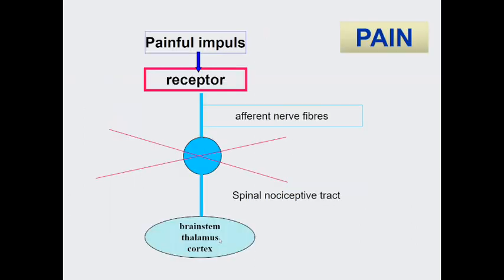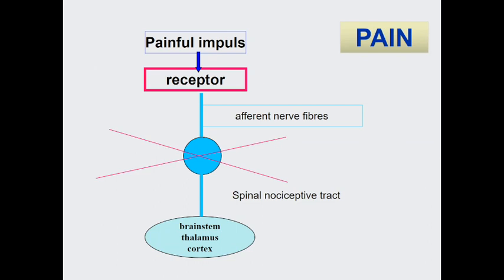The painful impulses travel from the nociceptor, a receptor, through the afferent nerve fibers to the nociceptive tracts, to the brainstem, to the thalamus, and to the cortex, where the signal is changed into information that we can perceive, and we know that there's pain.